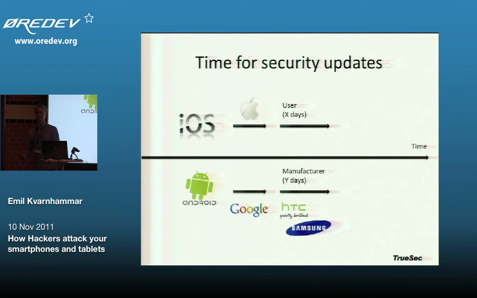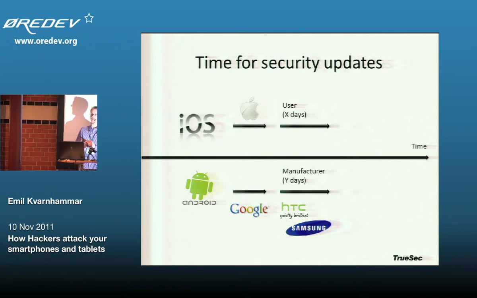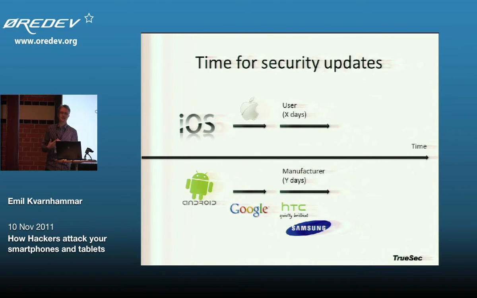The big difference is that from that point, it's only about a user of an iOS device to actually install the update. But in the Android case, the manufacturer has to decide, well, what devices should we update? And when in time should we package this update? Should we do it with this update only? Or should we have the next cool multimedia feature and wait for that to get tested and verified, and carrier approved and all that kind of stuff?